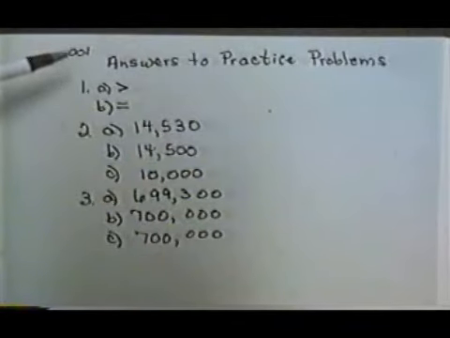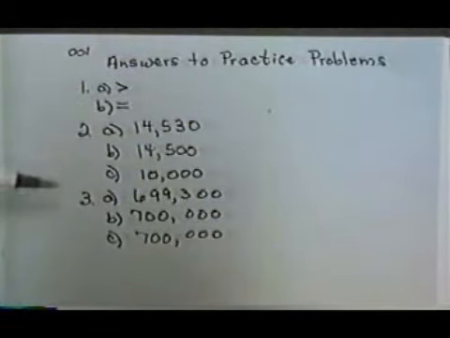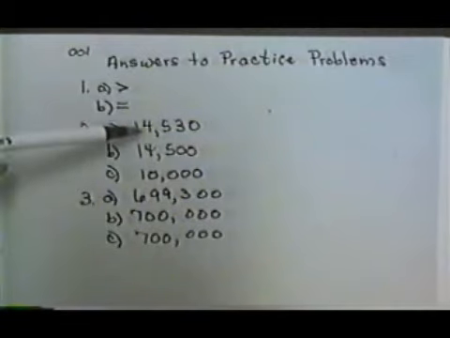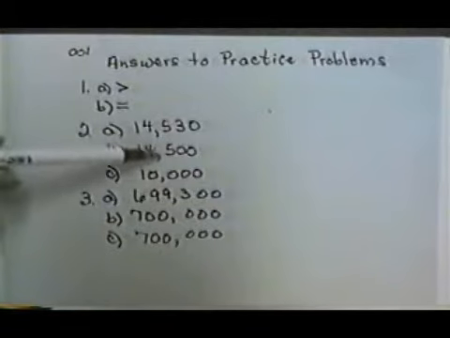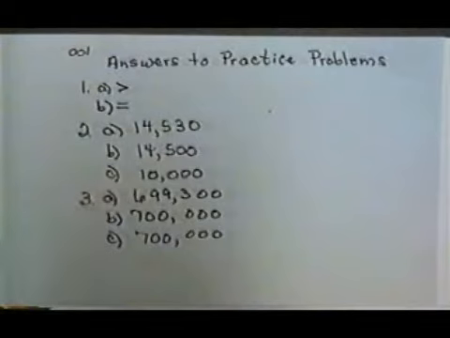Here are the answers to our practice problems. 1A, greater than. B, equal to. 2A, 14,530. B, 14,500. C, 10,000. 3A, 699,300.